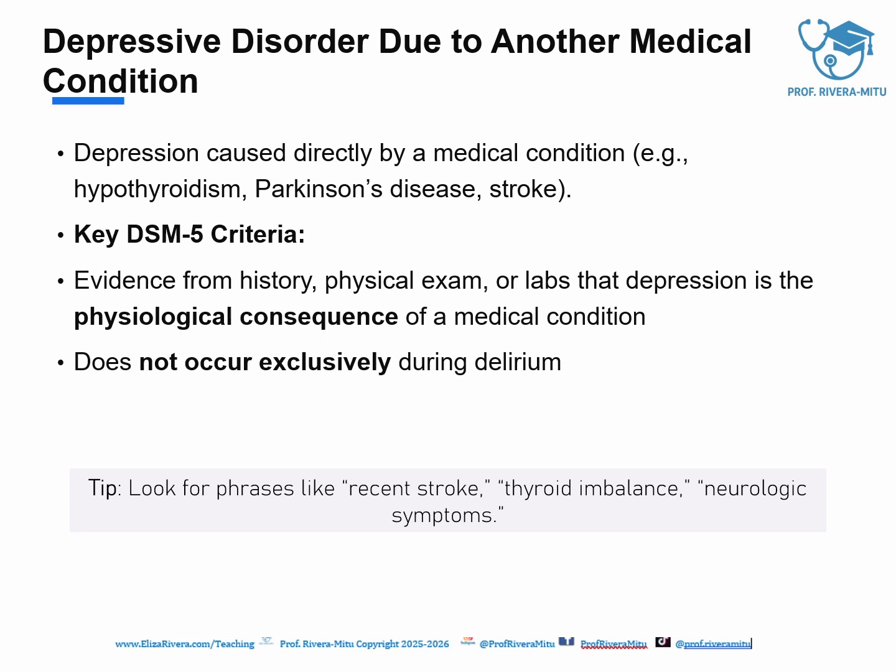On exams, look for case vignettes involving weight gain, cold intolerance, fatigue, and depression. This often points to hypothyroidism. Always consider labs and imaging when depression presents atypically. You want to look for phrases like recent stroke, thyroid imbalance, or neurologic symptoms.